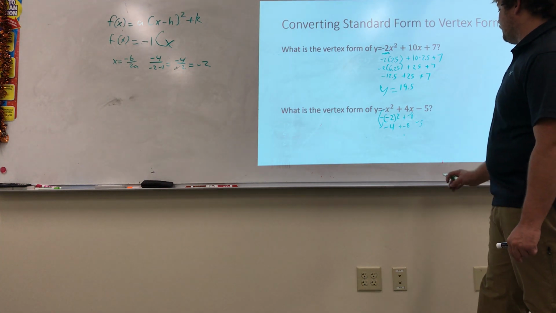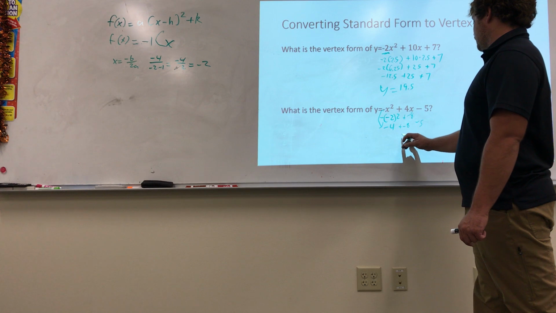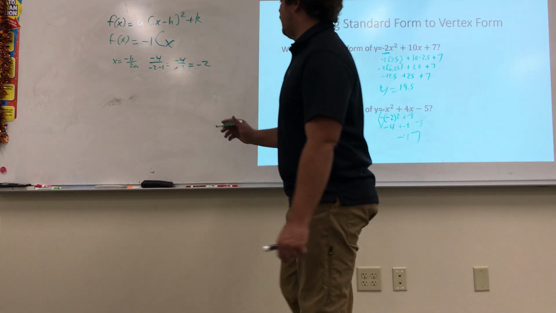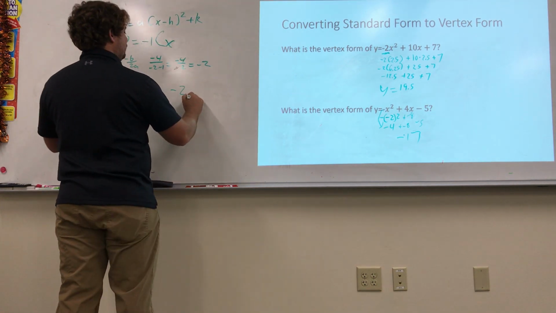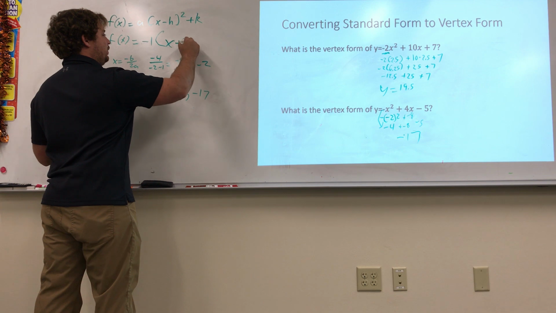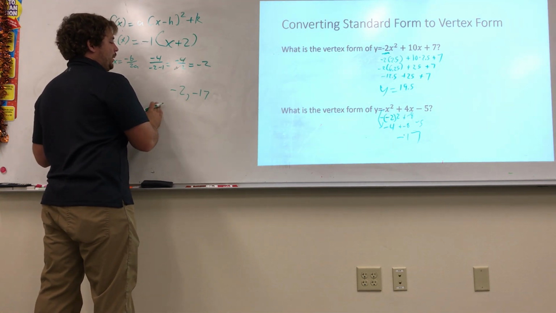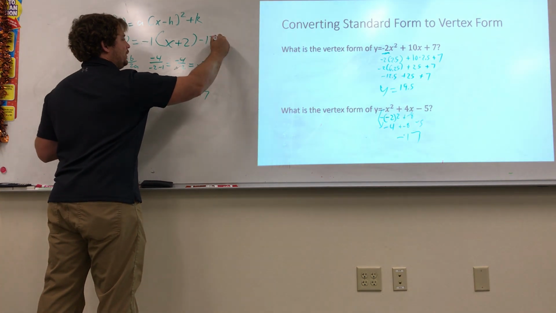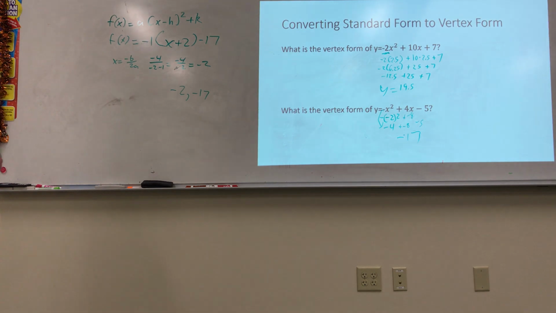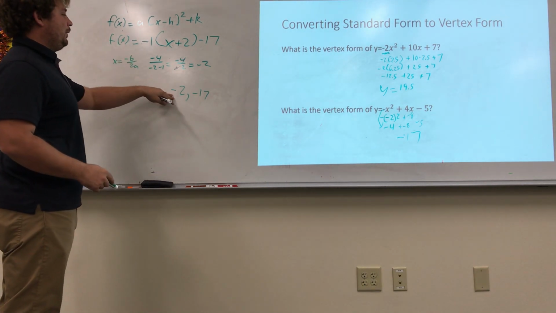And we are going to get negative 17. So our vertex is at negative 2, negative 17. Which means this is going to be a plus 2, because it's the opposite. We got to move left 2, so it's positive, minus 17, because we're down 17. That is my equation.